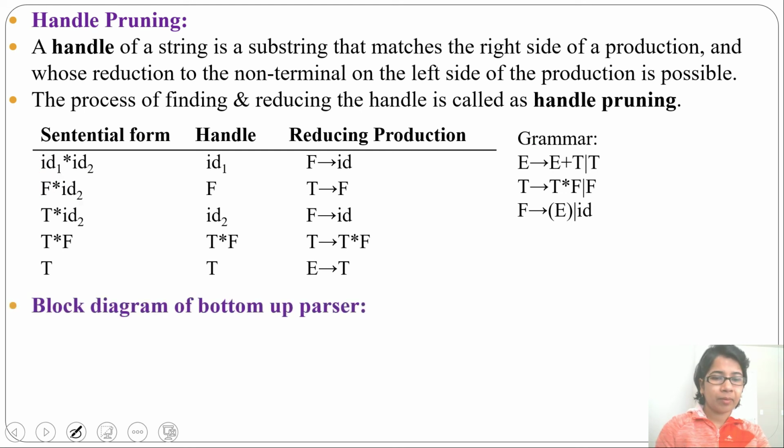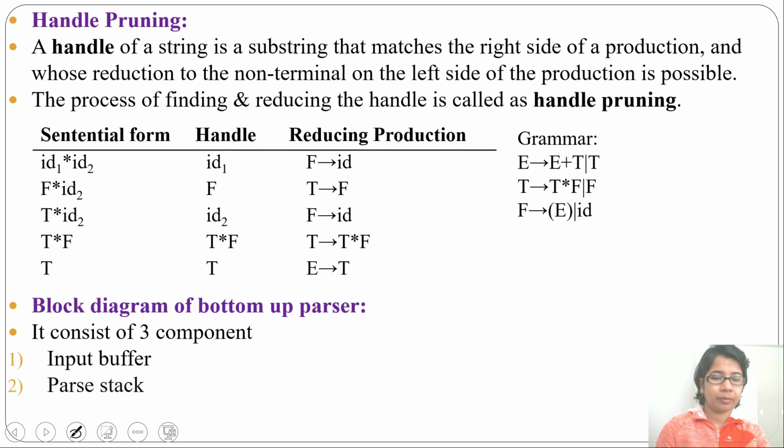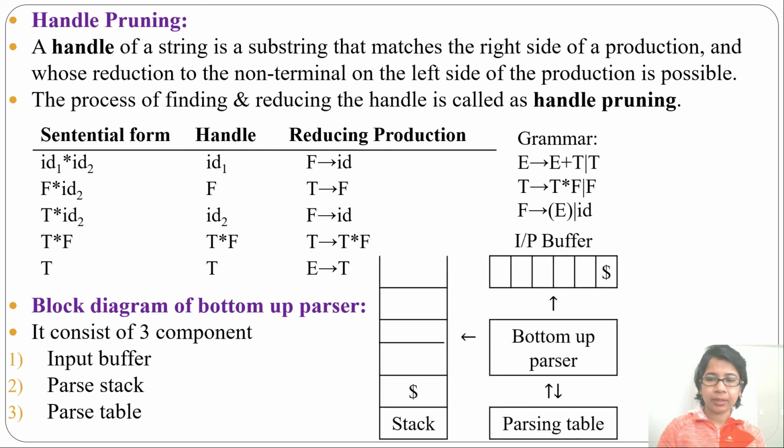Next, the block diagram of a bottom-up parser. We already discussed the block diagram of a top-down parser. It is the same as the top-down parser, just the parsing table will be different. There will be three components: the input buffer, the parsing stack, and the parsing table. There will be a stack, a parsing table, and an input buffer that contains the input string and ends with a dollar.